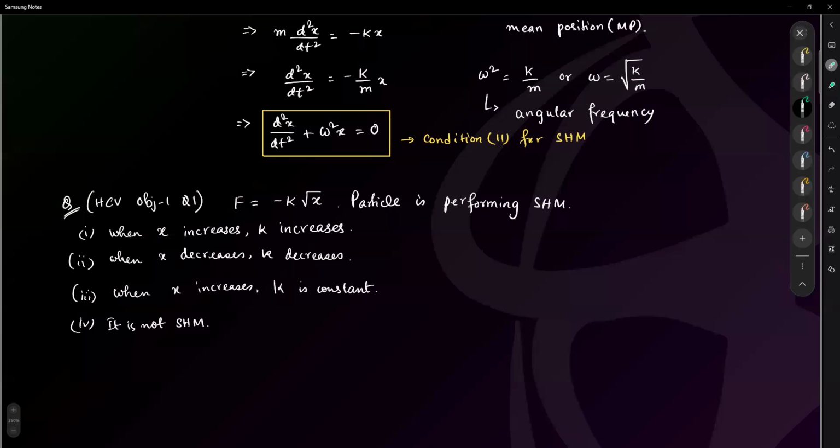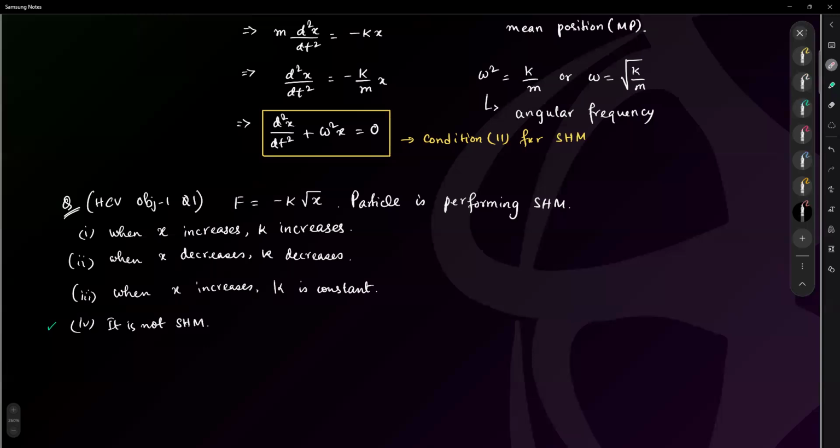Usually the students tend to say that it is not SHM. This is the student's answer, usually. But there is a small trick in the question. See, we can't just see that F should be equal to minus kx, and here it is equal to minus k of root x.